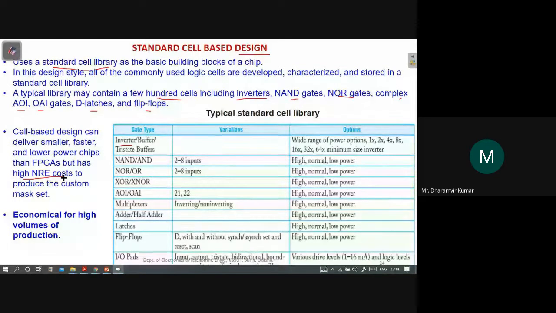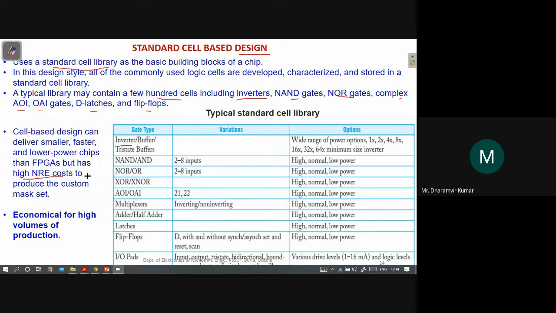There are some costs involved in the initial phase of a project. Some amount of money has to be spent initially to set up the whole system. Those types of costs are called non-recurring engineering costs.